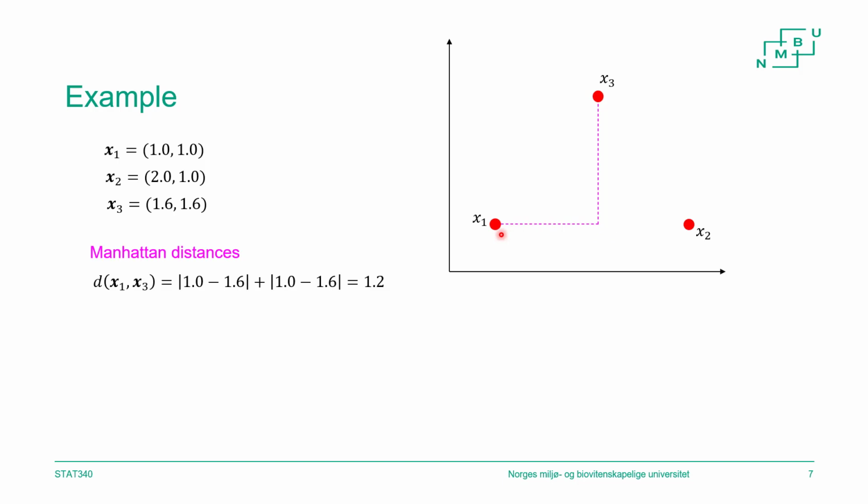Did you notice, follow this path. We first compute the distance along this axis, and then the difference along the second axis, this one here, and add them together. So the distance between x1 and x3 is the length of the path that you have to walk if you walk first along the one axis and then along the second axis.